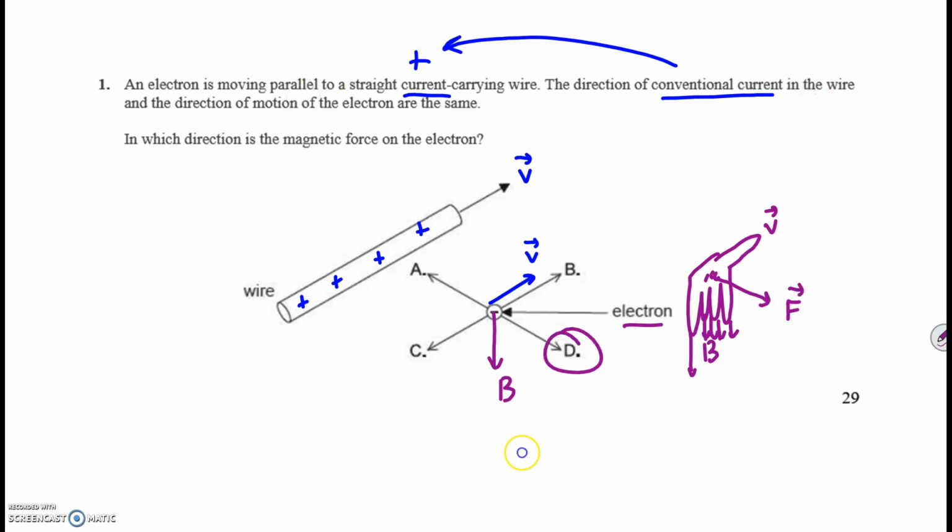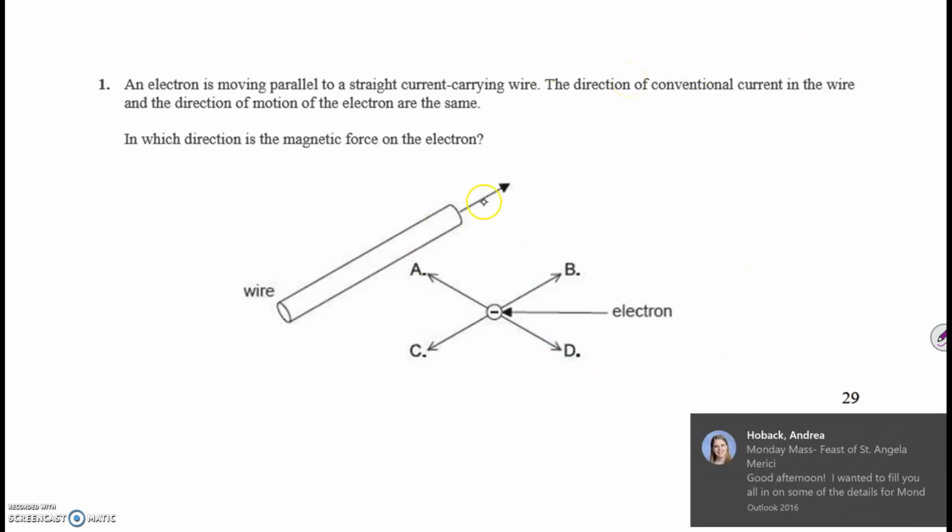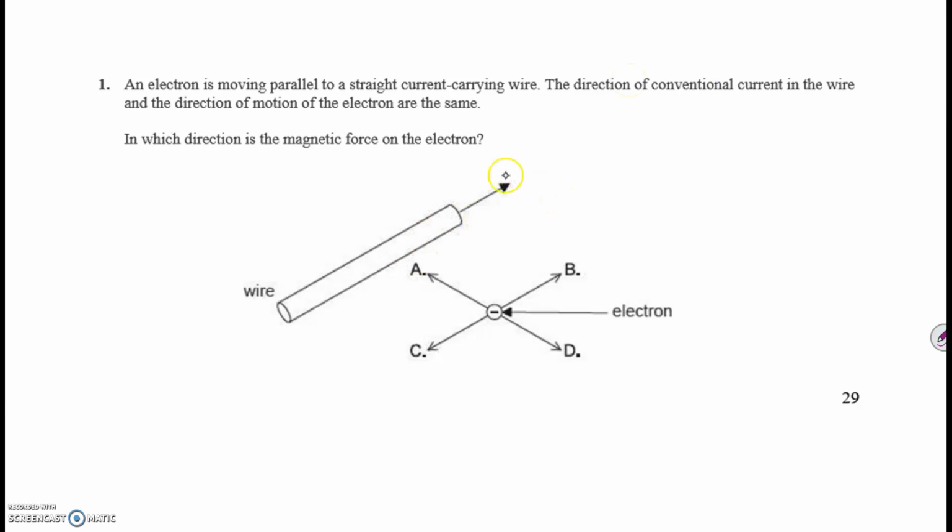There's another way to do this, kind of a shortcut. Here's the positive charge traveling this way. The electron is traveling here, but it would be equivalent to imagining a positive charge flowing in the opposite direction.